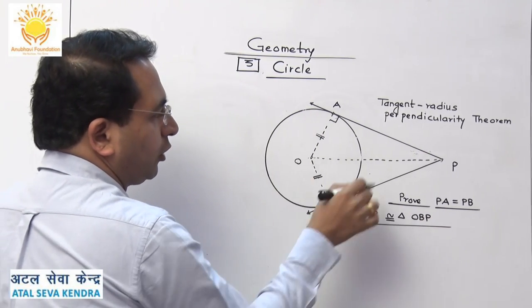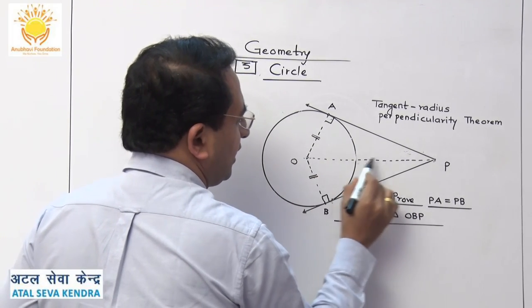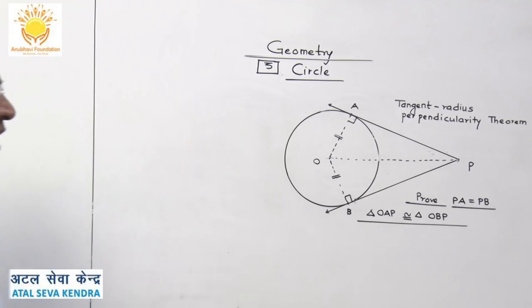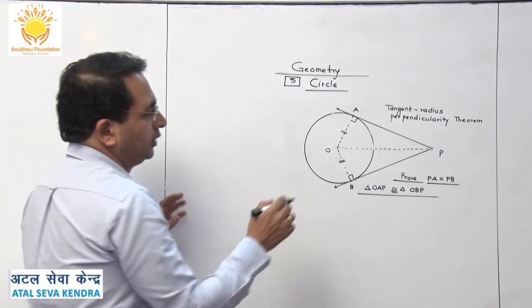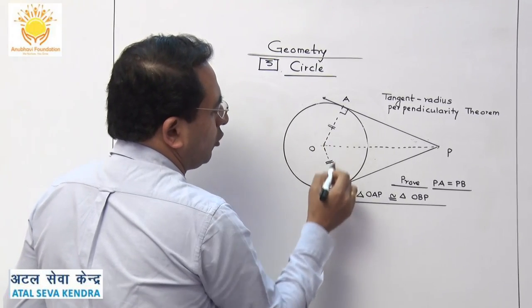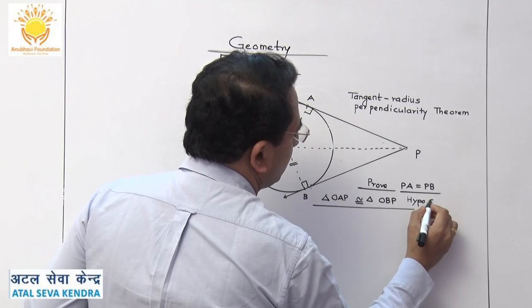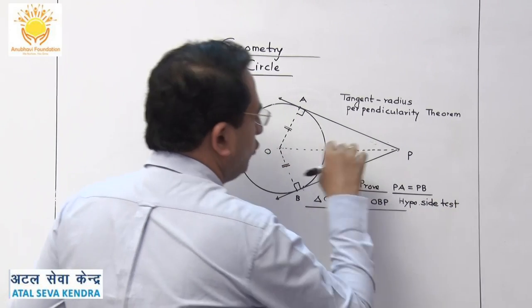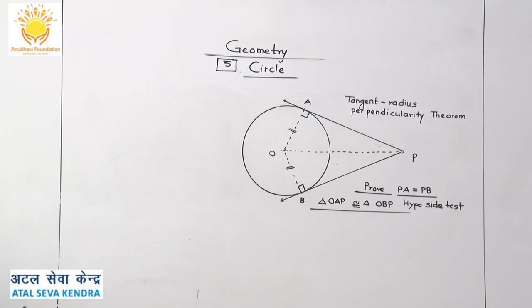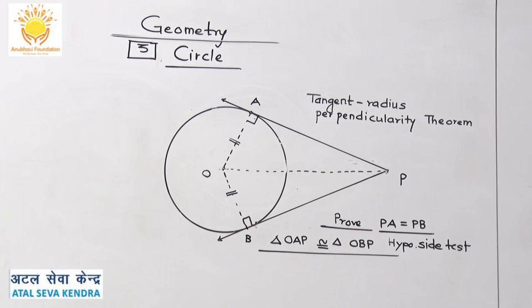The reason you are going to write here is hypotenuse. This is the common line. That is the hypotenuse of both right angle triangles, and therefore these triangles are congruent by the hypotenuse side test of congruency.